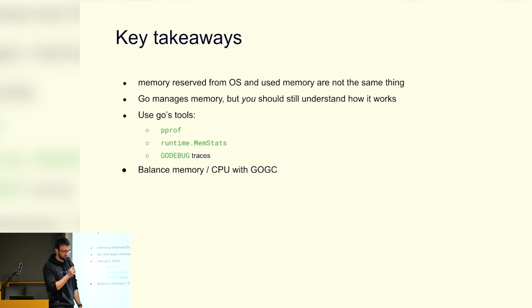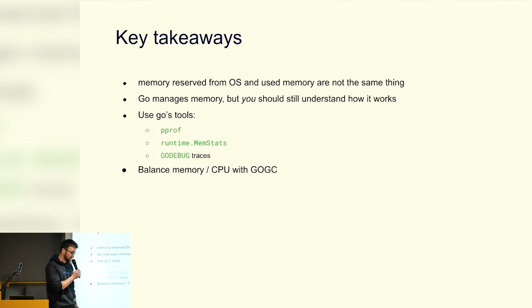Go has a bunch of different tools for all kinds of monitoring of these things. I think I mentioned these three: the profiler, the memstats, and Go debug. So don't be lazy and use them. It will tell you more or less what's happening, hopefully.